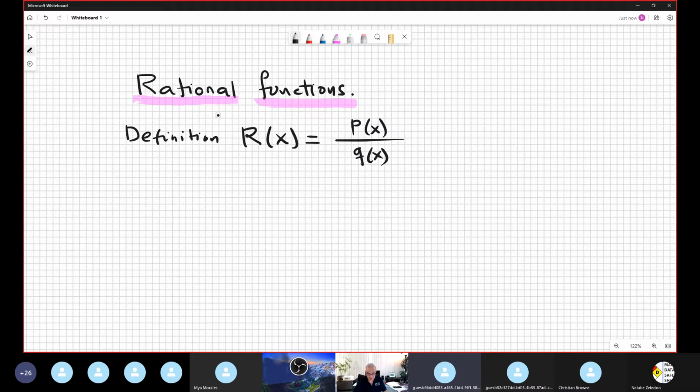But basically it is a division of polynomials. The restriction is Q is never 0, because it's totally illegal, division by 0. Division by 0 is undefined. And P and Q both are polynomials. Exactly the same we studied before.